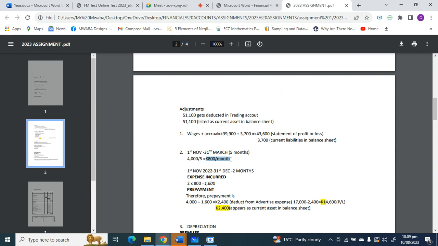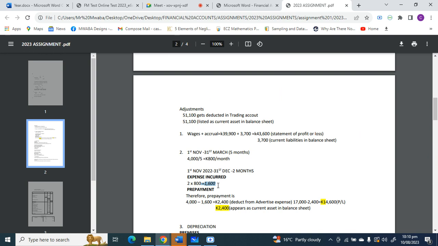Okay. So now we want to find out how much of the expense was incurred. From 1st November to 31st December, that is 2 months. So 2 months times 800 kwacha, that is 1,600. All right. That's how much of the expense we incurred.